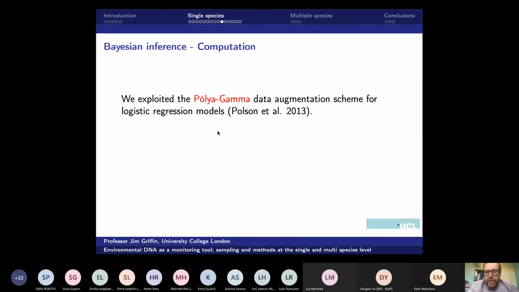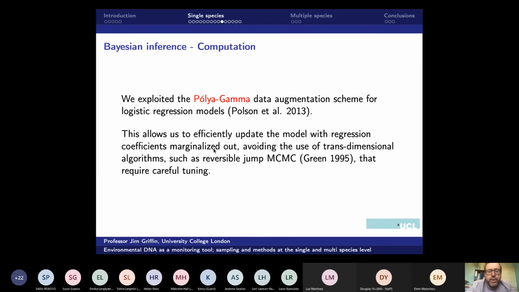Okay, so there are some technical parts. In terms of computation, we have a lot of logistic regression models effectively, and we can use what's called polygamma data augmentation to run an MCMC scheme. The advantage of doing that compared to other methods for logistic regression is that it avoids using trans-dimensional algorithms.